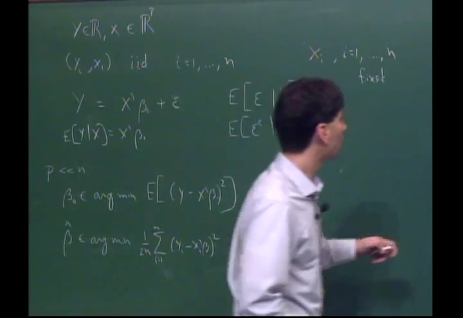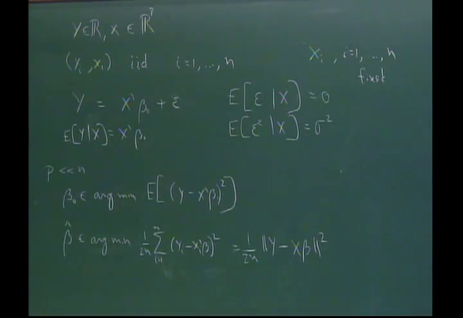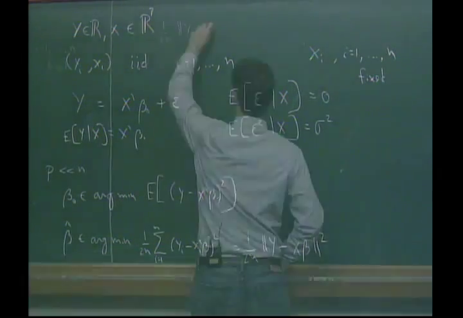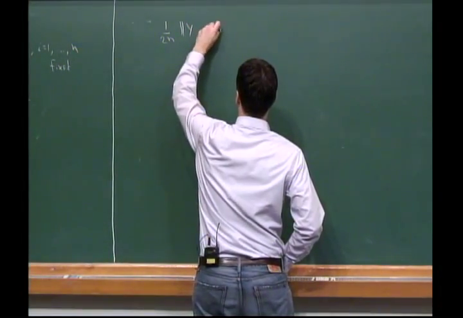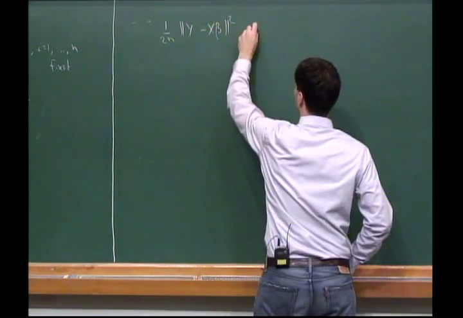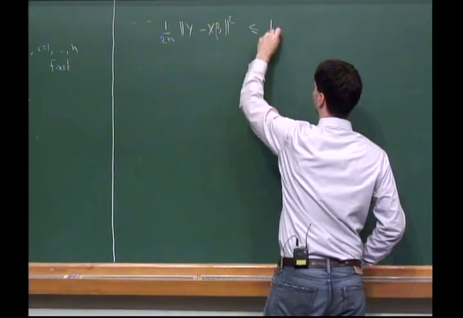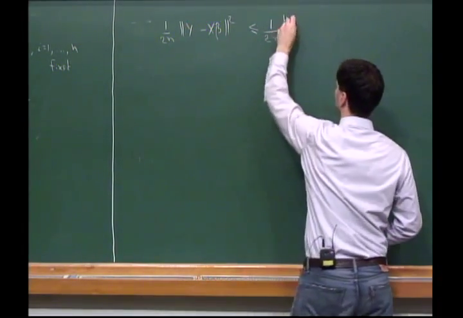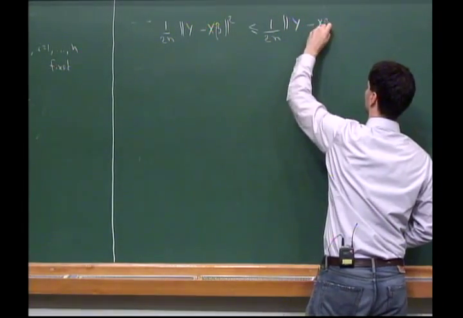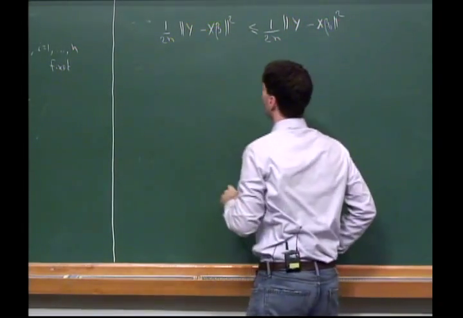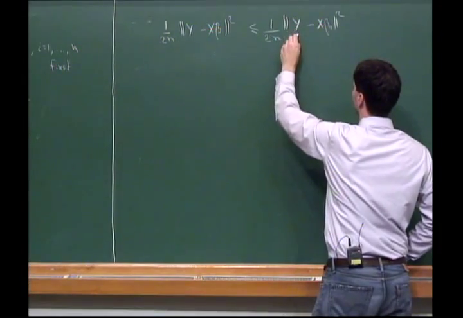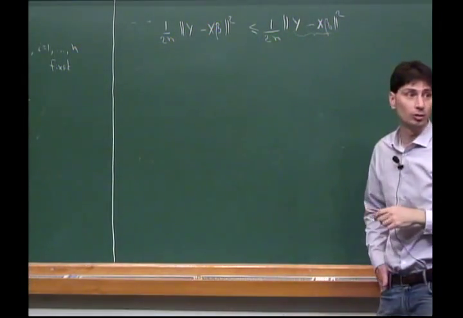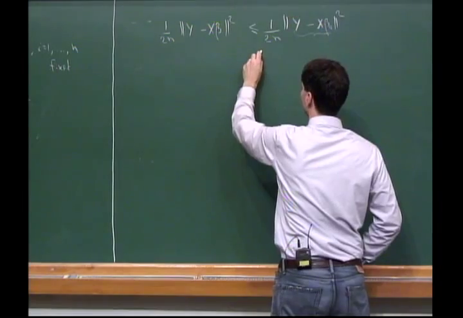So to analyze this problem, I just want to highlight in this setting the two main issues that arise in this analysis. We know that by the optimality of the estimator, it fits the data better than the true value. So this is essentially a vector of all the noises.